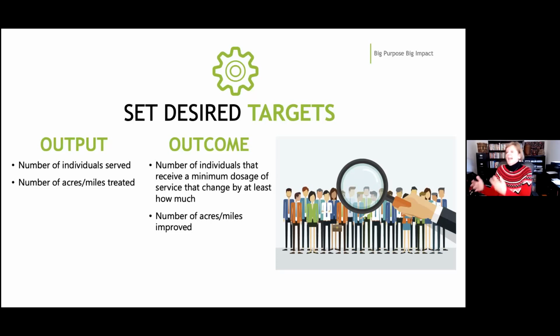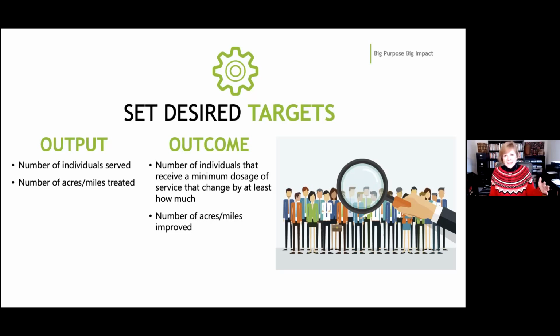Because you think, okay, it sounds better, we're going to get funding if we promise to serve this many people. If you say you're going to have 10 members, you're going to serve 22,000, hello, that doesn't compute. And it means that it's going to be like a drive-by service. You're not going to be able to see much change with those people. So you'll get questions if you pick a target and you're way below it, or if you don't meet it, either on the low end or you go over, you're going to get some questions about that.